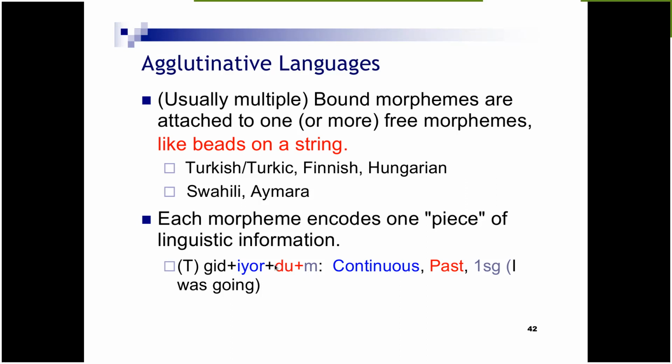Each morpheme gives some linguistic information about the role of the word. The root gives the semantic information, the basic meaning of the word, and the other morphemes convey the function or some other piece of linguistic information for the given word.